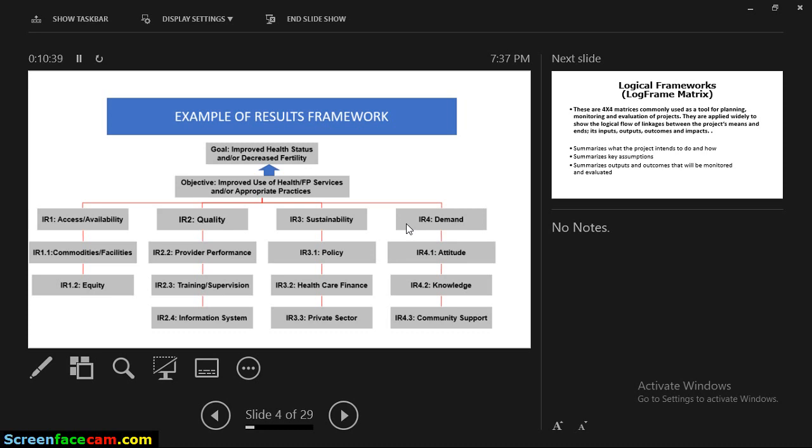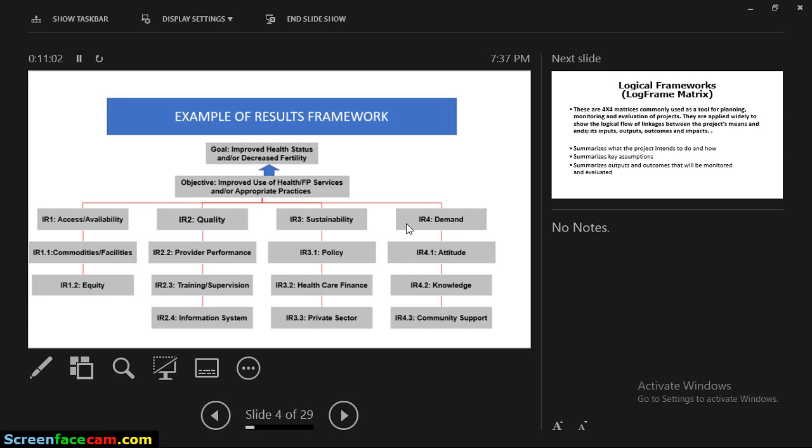It doesn't matter the process, the way, or the means, but this framework will only focus on the results that you are going to see after adding the money, after employing people, and after giving the service or conducting your activities. What are you going to see after doing that? That's where the results framework begins from.